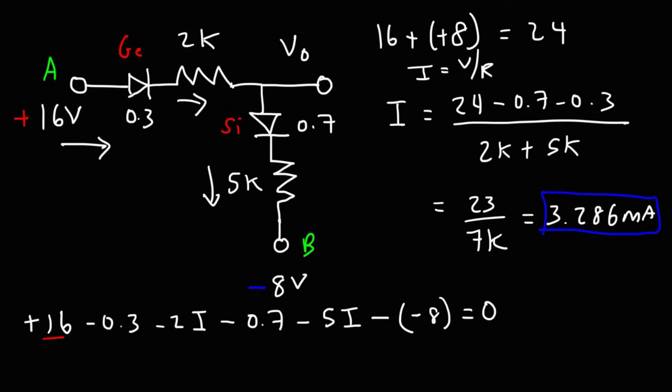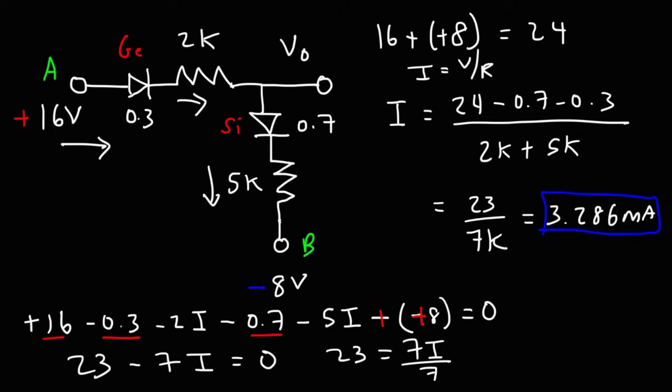So we have 16 minus 0.3 minus 0.7, that's 15, plus 8, that's 23. Then we have negative 2i minus 5i, which is negative 7i. So 23 is equal to 7i. Dividing both sides by 7, I is 23 over 7, which gives us the same answer.